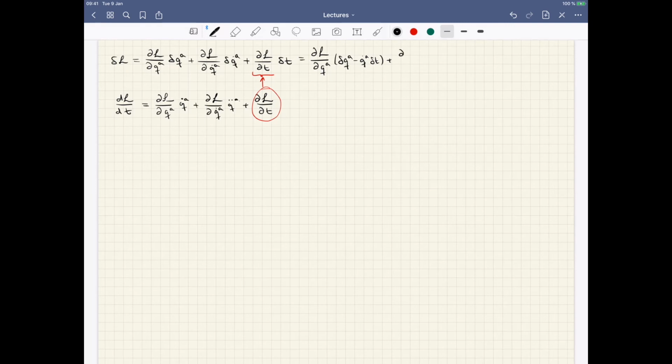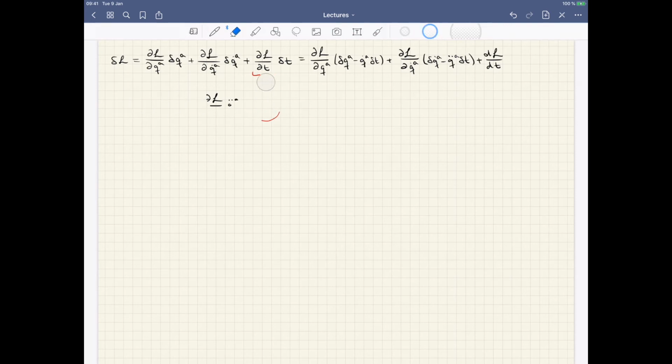For the second term we have dL/dq dot^a times (delta q dot^a minus q double dot^a delta t). And then finally we have plus dL/dt, where instead of the partial derivative of L with respect to t, we have the total derivative.